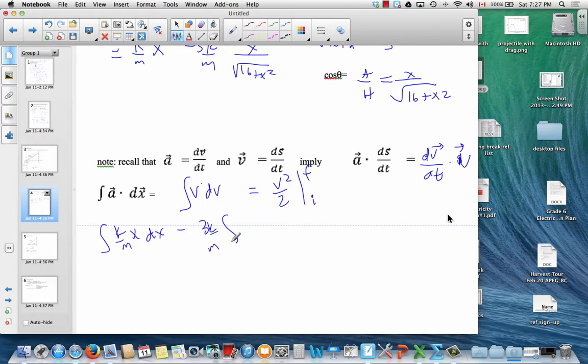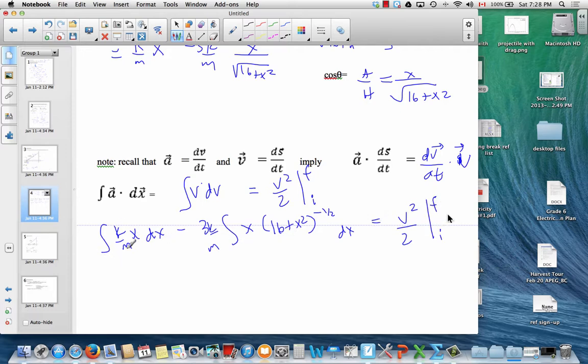I'll save myself a step and pull the constant out, x, and then I'm going to write this 1 over square root as a negative exponent, negative 1/2 dx. And this is just going to be v squared over 2, and it's going to be from initial to final.